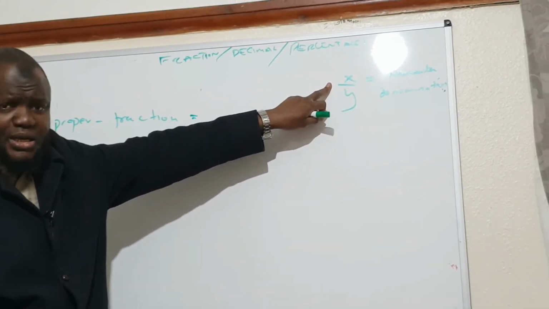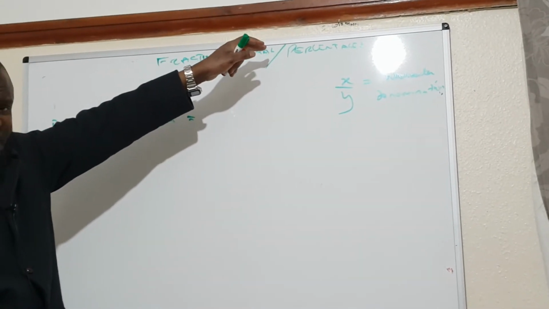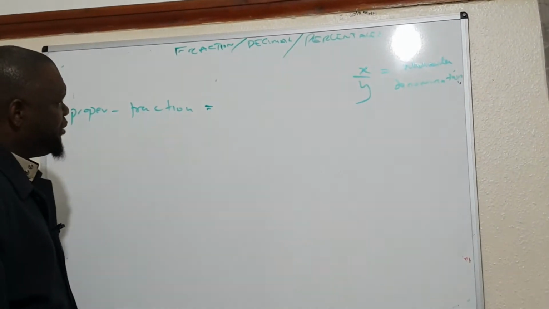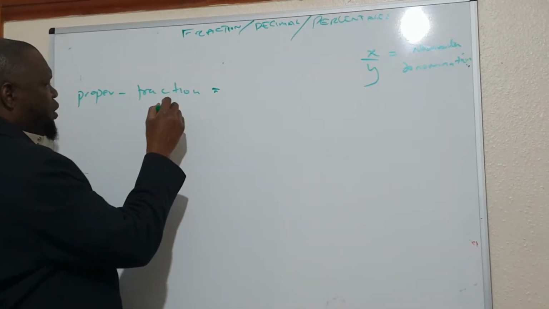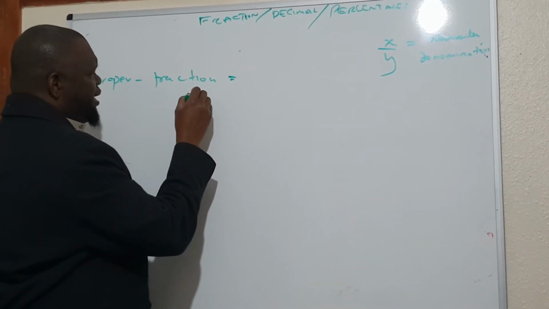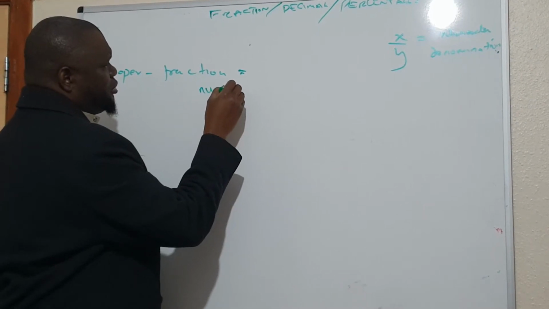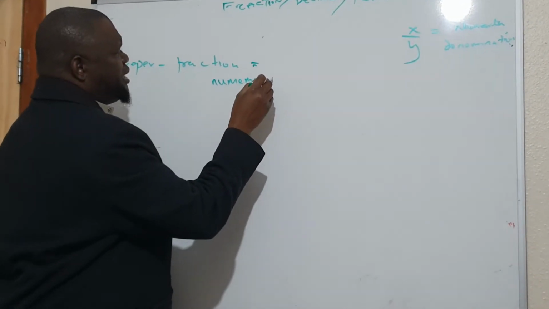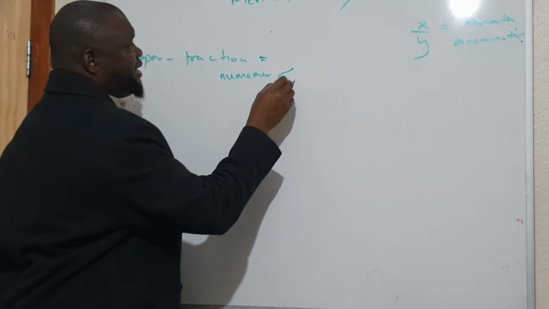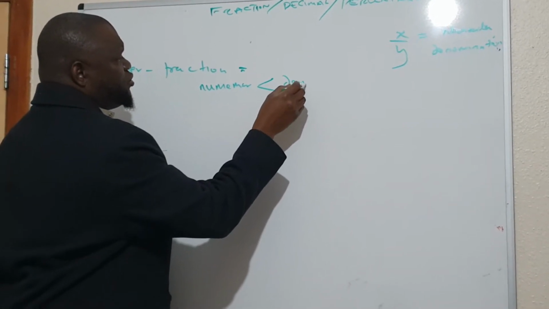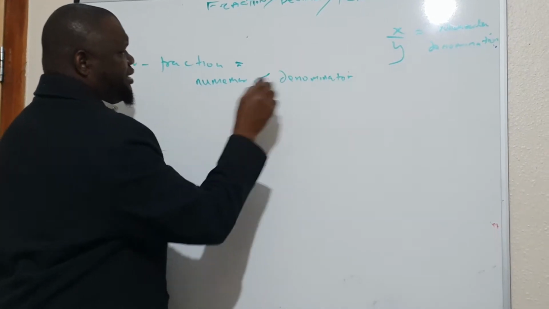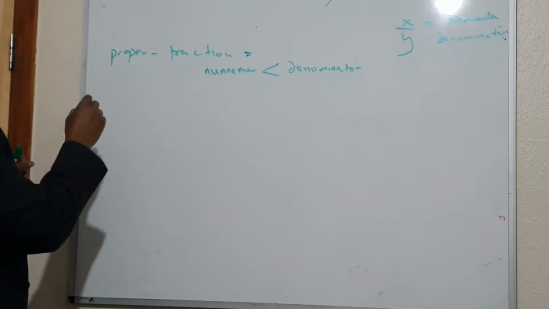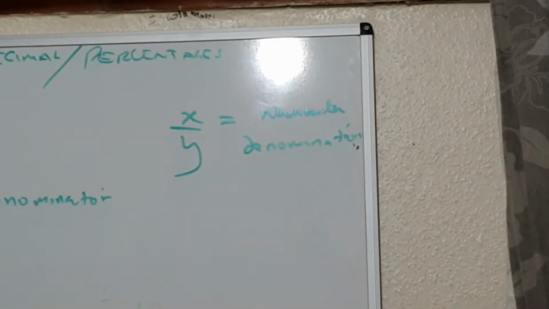So, look at proper: the denominator is the higher one. That's what a proper fraction is, where the numerator is less than the denominator. But an improper fraction is not proper, is it?